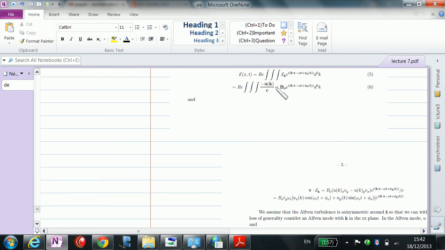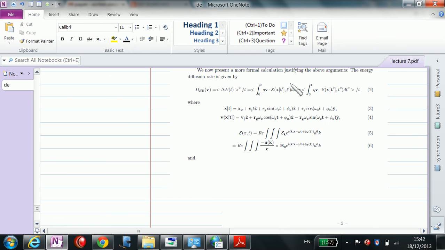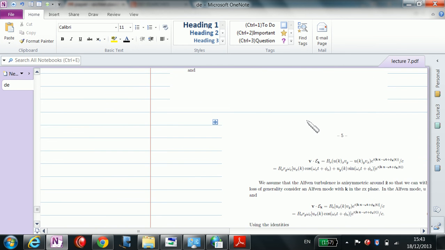So I'm replacing U, the fluid velocity, times B cross B over C for the electric field, and I'm assuming it has K dot X, which is now a vector quantity that includes all these terms, displacement perpendicular to the magnetic field.